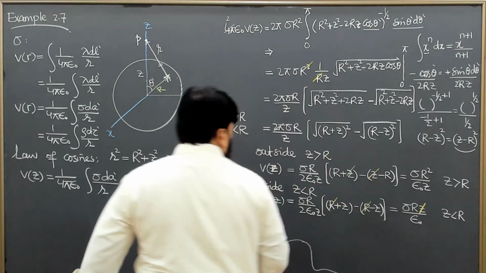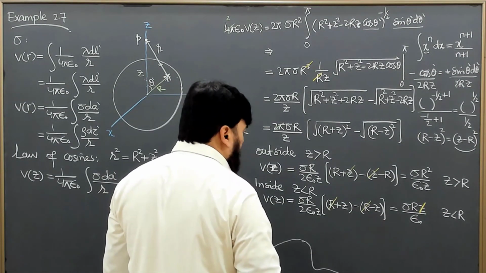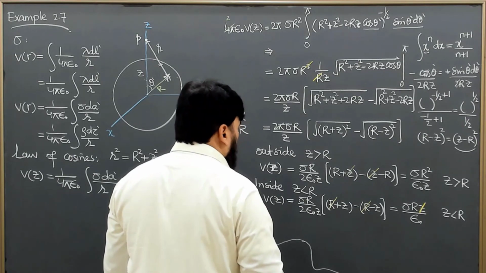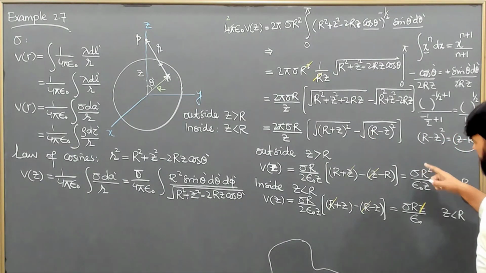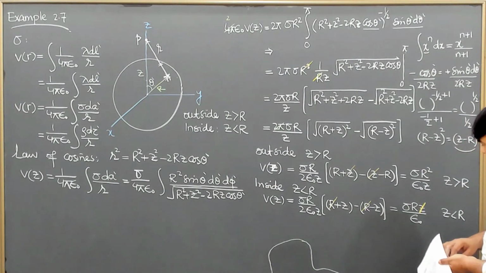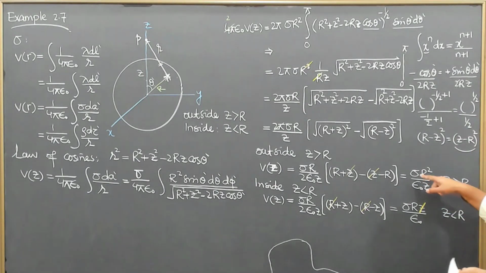Now we have to see dimensionally that we are right, because I know from here what sigma is. Sigma is charge per unit area. Now the area is the area of the sphere, 4 pi r square.